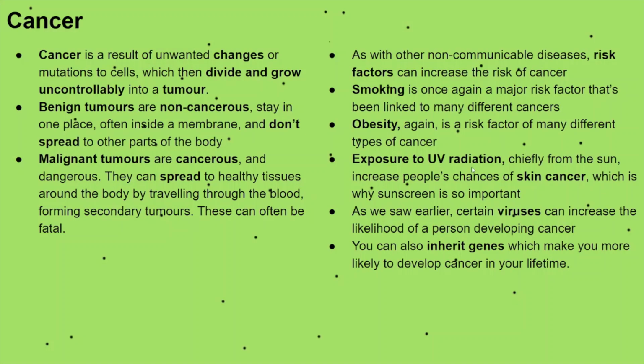This is why, because it increases people's chances of skin cancer, because UV radiation can be ionizing, and certain viruses could increase the likelihood of a person developing cancer. You'll remember that was one of the ways different diseases interact. And finally, you can inherit genes which make you more likely to develop cancer in your lifetime. The fact that you can inherit these more cancer-prone genes, that's very important to remember as well.